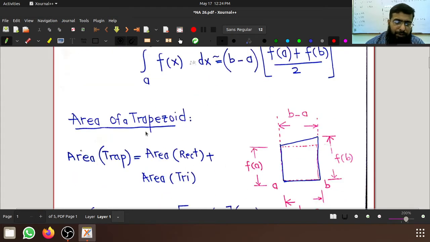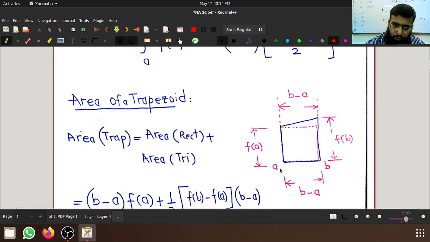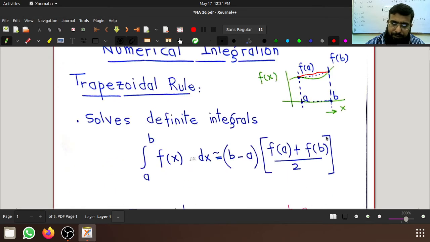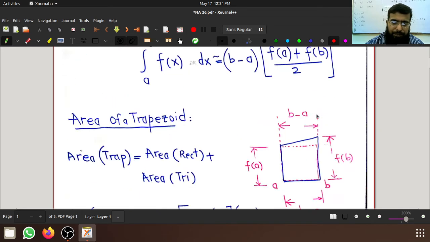A trapezoid is a geometric shape for which we have two parallel lines. In this case, we have these two parallel lines, whereas the other two sides are not parallel.